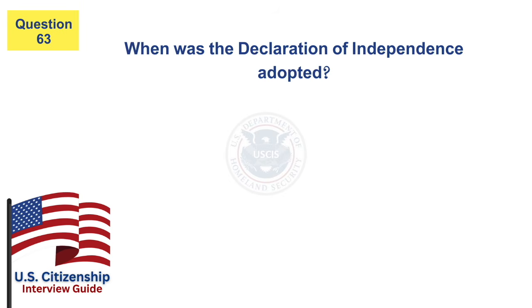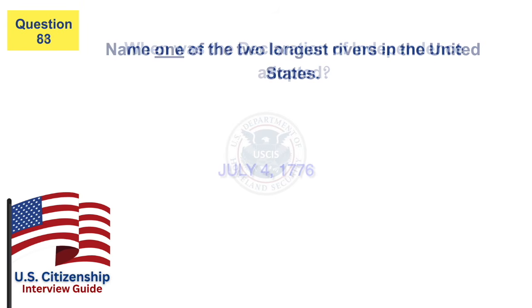When was the Declaration of Independence adopted? July 4th, 1776. Name one of the two longest rivers in the United States.